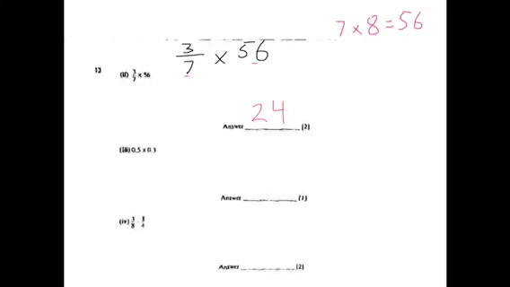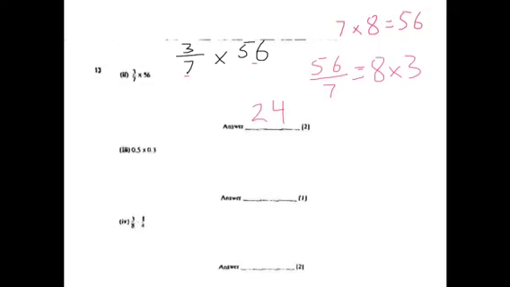Essentially there I'm working out 56 divided by 7 is 8, multiplying that by 3 to give me the answer 24.